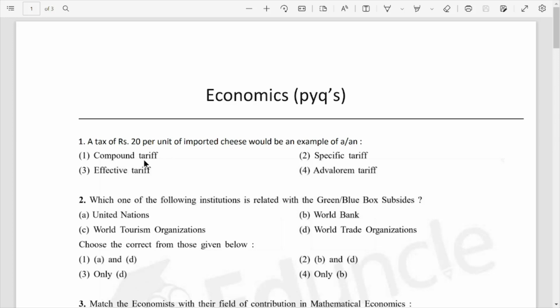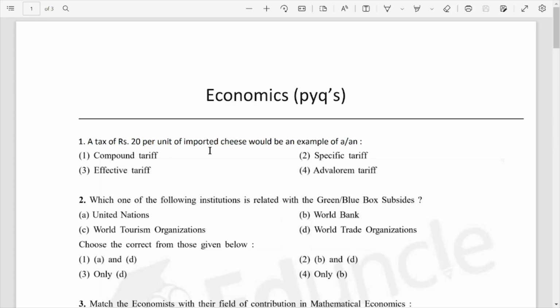And an effective tariff is not imposed on the finished product; it is imposed on unfinished products, like raw material inputs. So the right option for this question would be rupee 20 per unit. Per unit means per unit of imported cheese, which could be 1 kg, 5 kg, or 10 kg. So this will be the specific tariff.